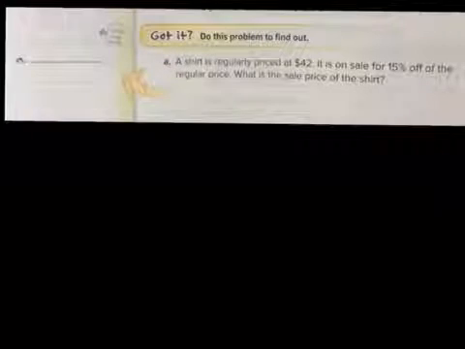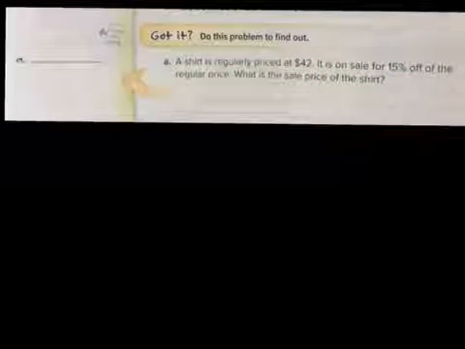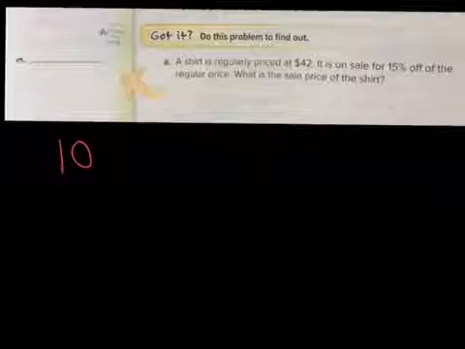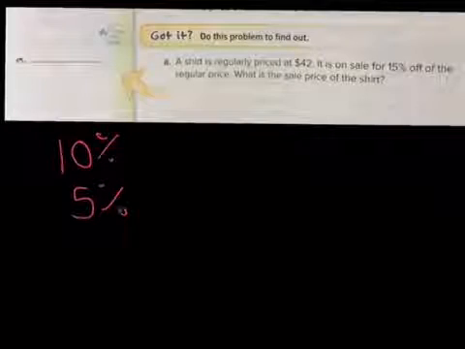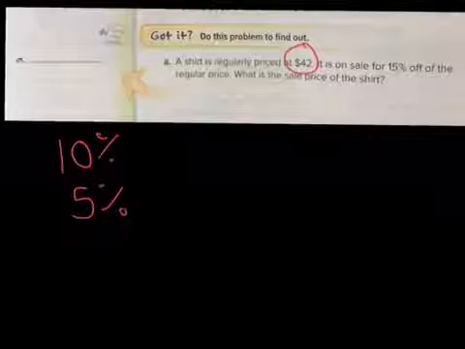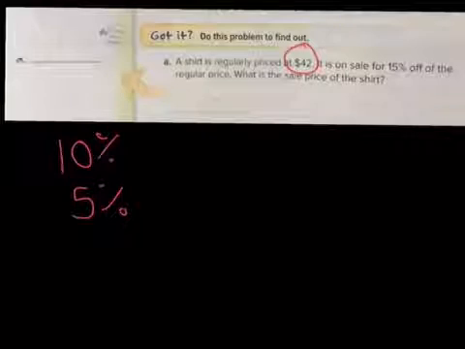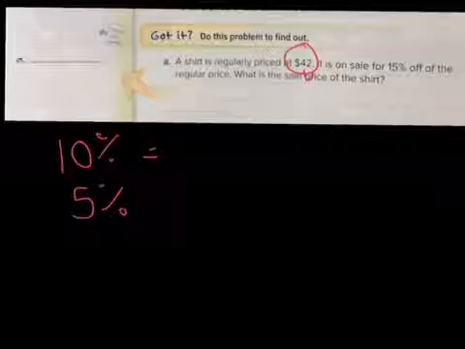Okay, let's try the first word problem. A shirt is regularly priced at $42. It is on sale for 15% off the regular price. What is the sale price? The sale price is the new price of the shirt. Remember how we worked in class and we said that we can take 15% and break it up into 10% and 5%, and it would be easy for us to figure this out. You know that for 10%, you move the decimal over 1, so 10% of that is 4.2.